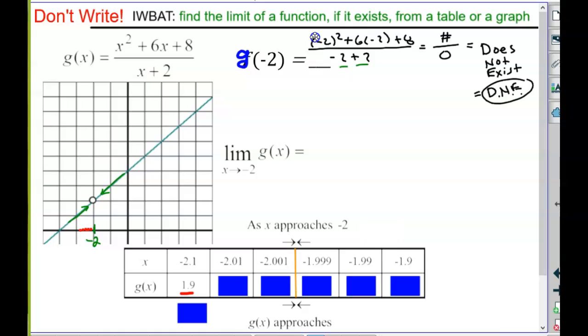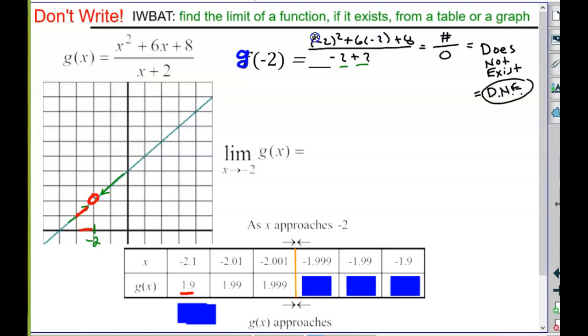Now what if I go even closer to -2? I get 1.99. And if I go even closer, plug in x equals -2.001, I get 1.999, which means I'm getting closer and closer to approaching that value.